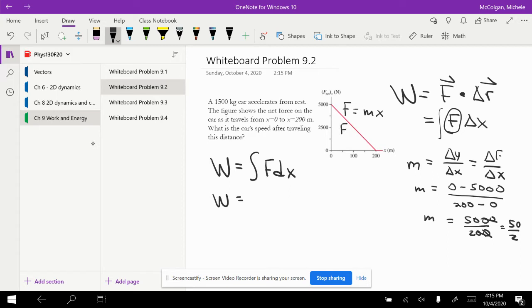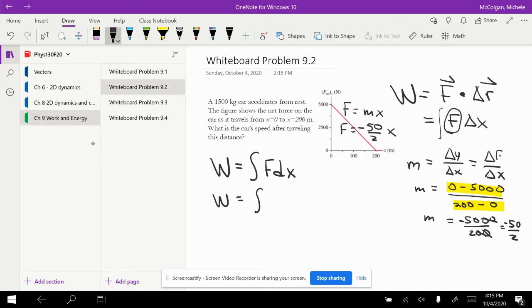So F then is going to equal negative 50 over 2 times x. And where does the negative come from? Well, I have 0 minus 5,000, and I have 200 minus 0. I forgot to add my negatives here, so I'm going to have a negative here and a negative here. And that's where that negative slope comes from.